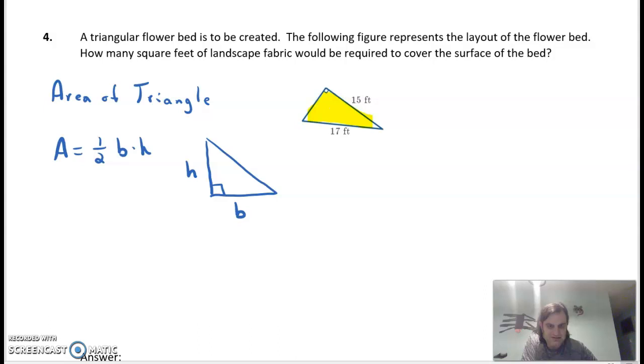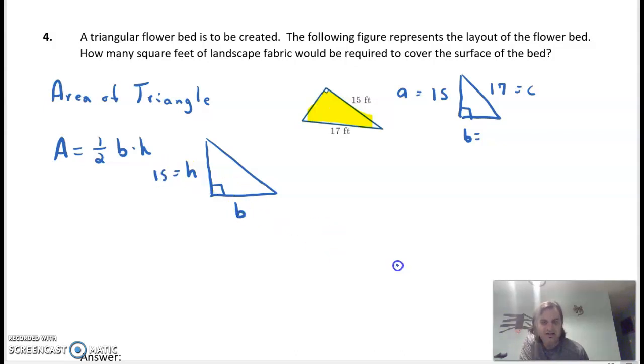Okay. So in this case, if I reposition this, just to kind of give you the orientation, it looks like what I have over here is 15 and I have 17. So I don't have the base. So in the scenario before, this could be A, this could be B, and this could be C. But basically what I've got here is the height of this thing is 15, but I don't know the base.